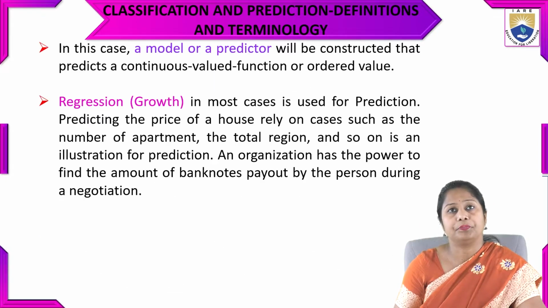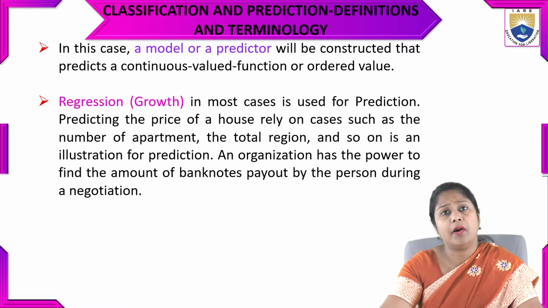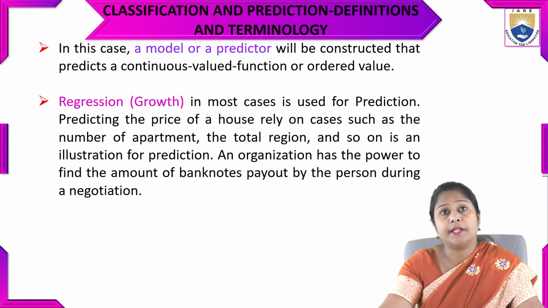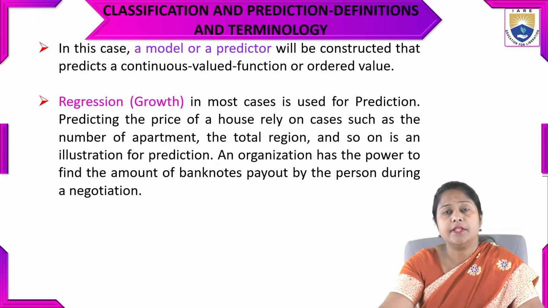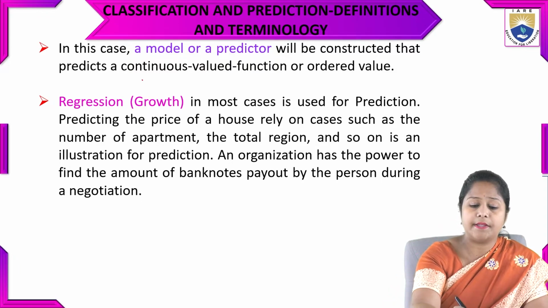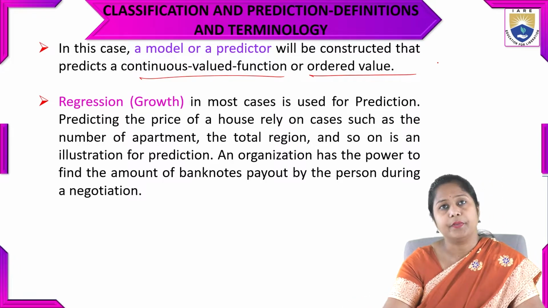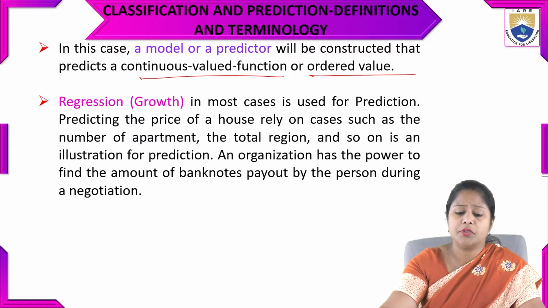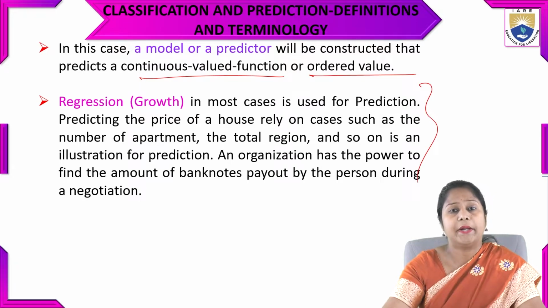In this case a model, we can say a predictor, will be constructed, and it is going to predict a continuous-valued function, or ordered value. Although it is called prediction, another name for it is regression, and regression is in most cases used for prediction.